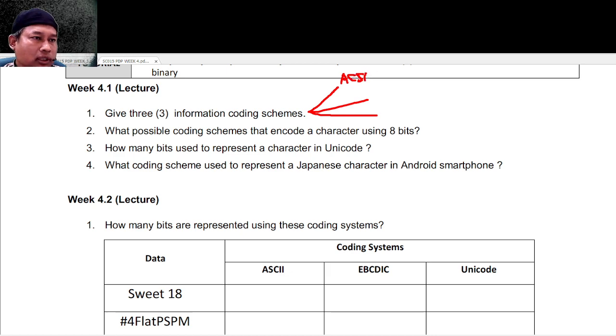This is ASCII. ASCII 2 stands for American Standard Code, and 2 means extended.